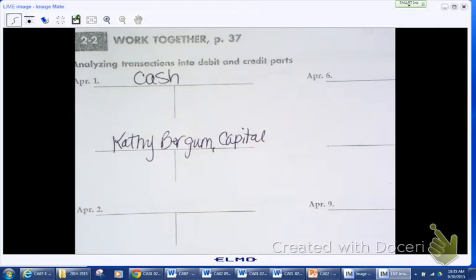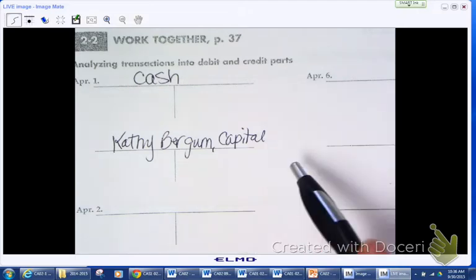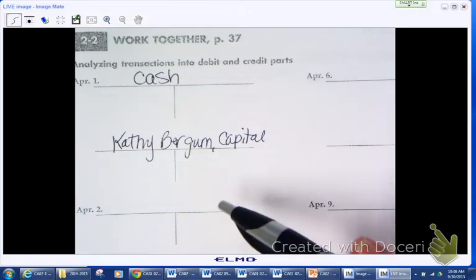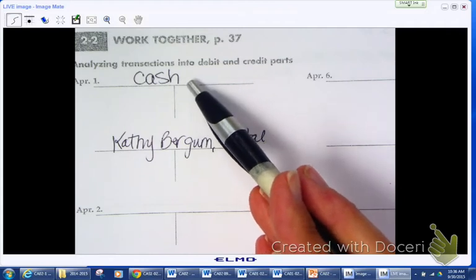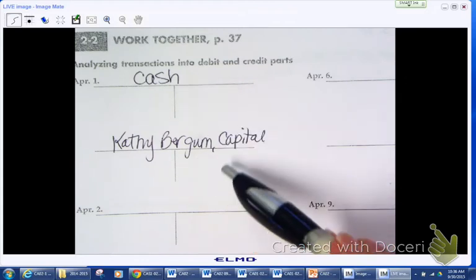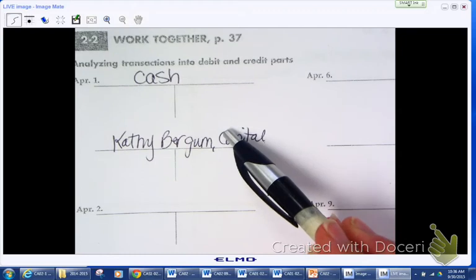So what type of account is my cash account? My cash account is an asset, and my Kathy Bergam account is an owner's equity account. How is each account changed by this transaction? In this particular case, we know that cash is going to go up, and we also know that Kathy Bergam's capital account is going to go up.